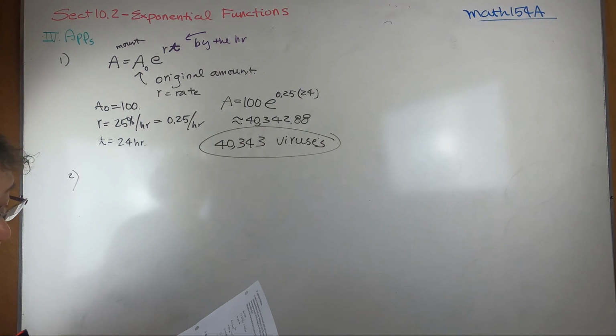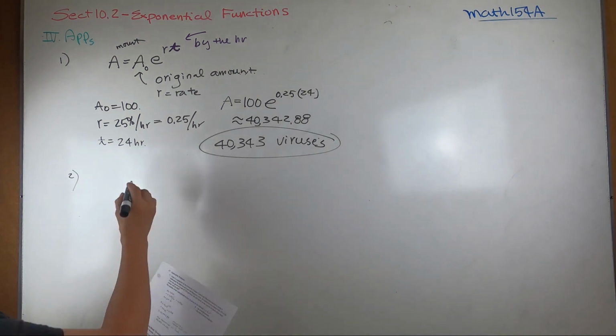Let's look at the second one, radioactive decay. The number of grams of a certain radioactive substance present at time t. So time t is your variable, right?